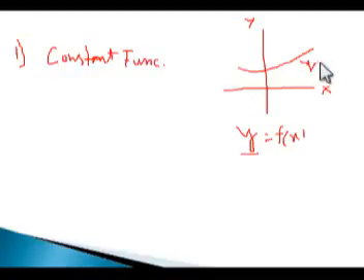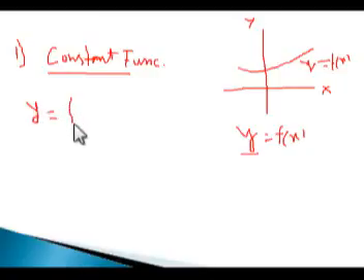This is y equal to f(x). So if we now take what is constant function. Constant function is that if we keep the value of y constant, a certain number, any number certain, for all the values of x.